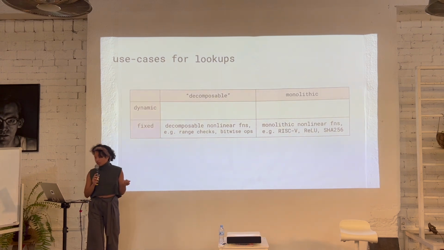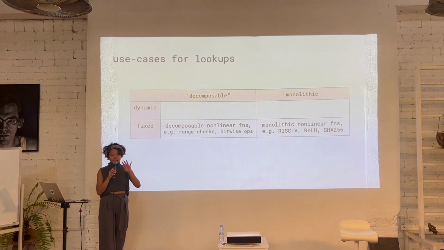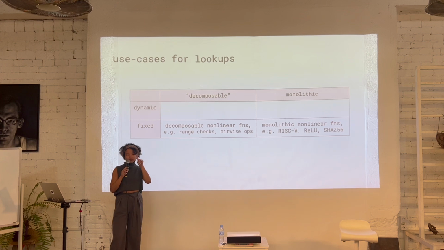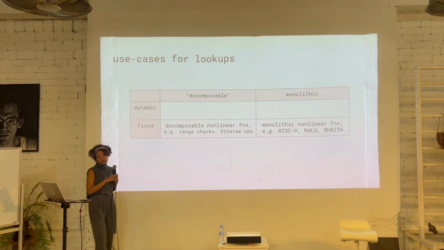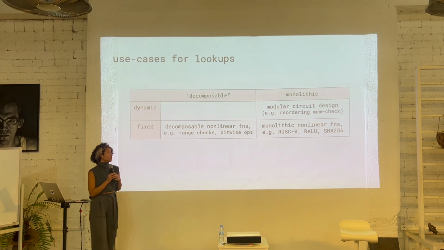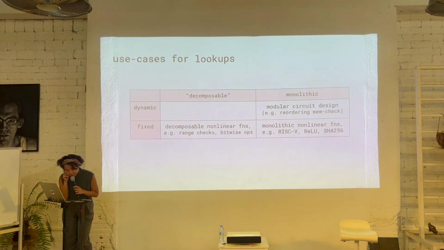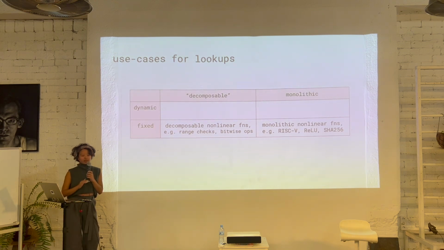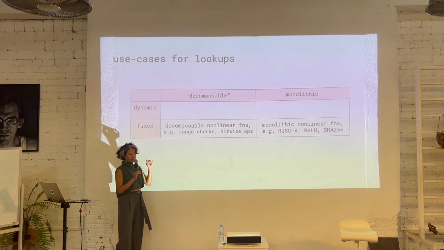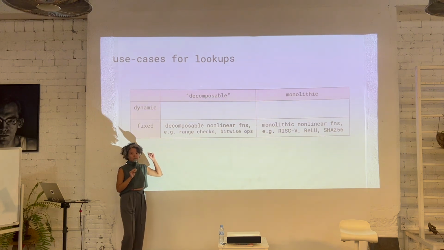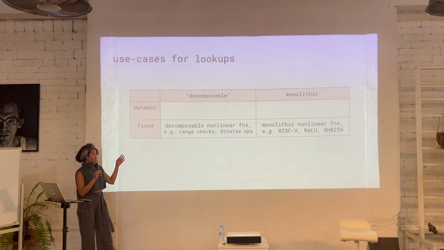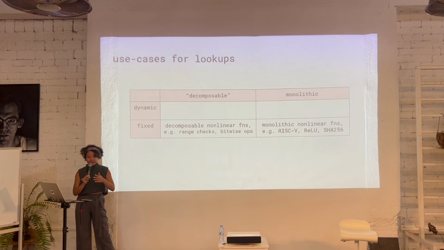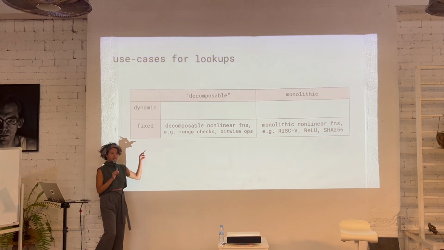And SHA-256 in its internals has a bunch of bit rotations that are also tricky to decompose. Now these are fixed lookups. The point here is that you can pre-process all of this. All these tables, you can shift to the setup stage, and this costs the prover very little.